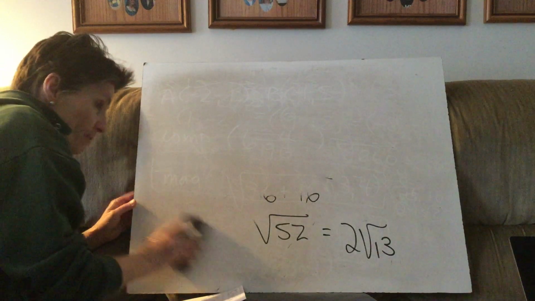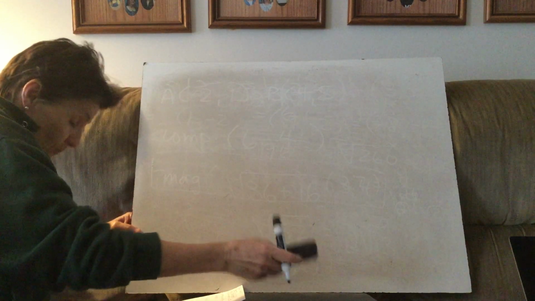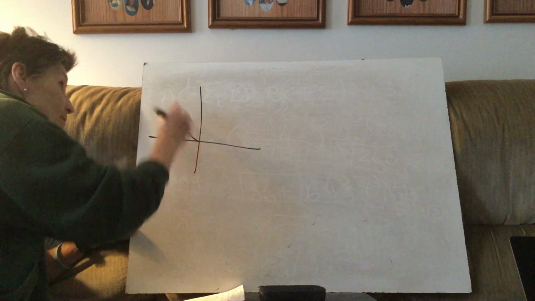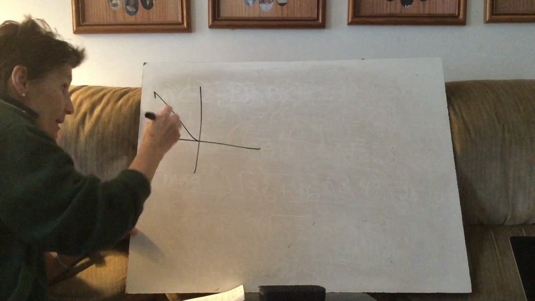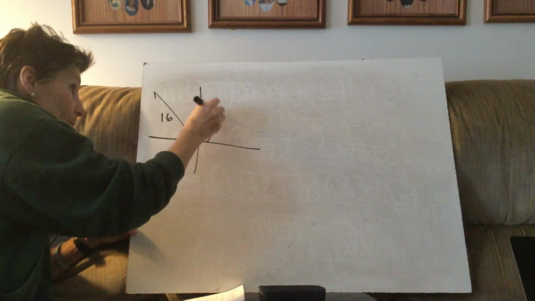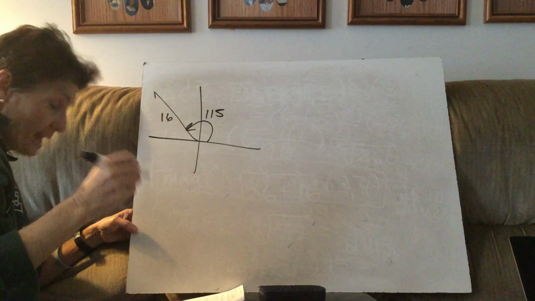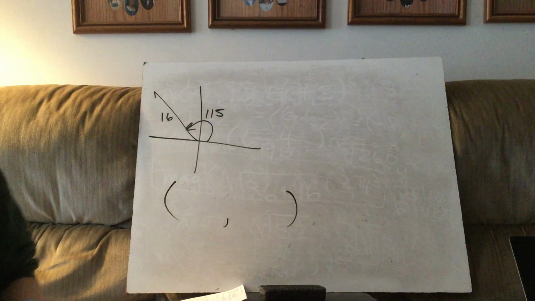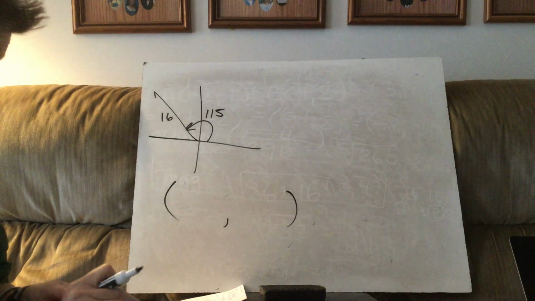Then the last one on the first page, number 4, says you have a vector that looks like this, and you have to find the components. So again, we are finding the x and y.